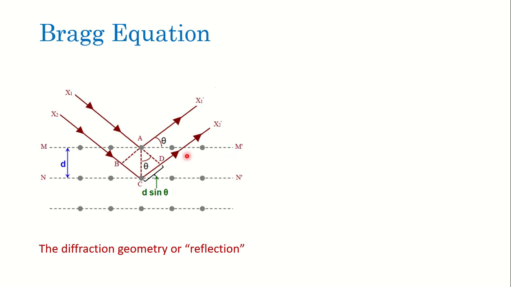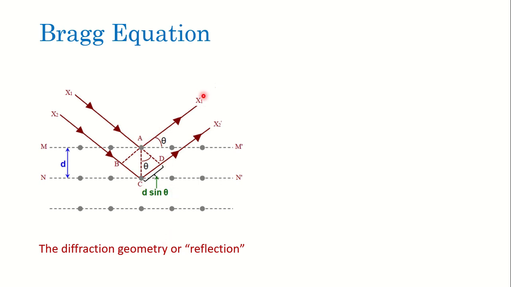The distance from this line to this line is actually the interplanar distance. It is D, and if AC is D and this angle is theta, then CD is D sin theta, because CD divided by AC is sin theta. Therefore CD is AC sin theta, and AC is nothing but D. Therefore CD is D sin theta.